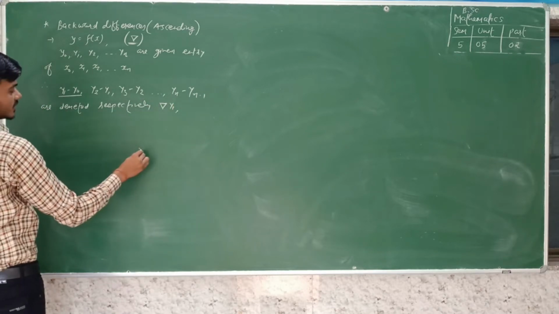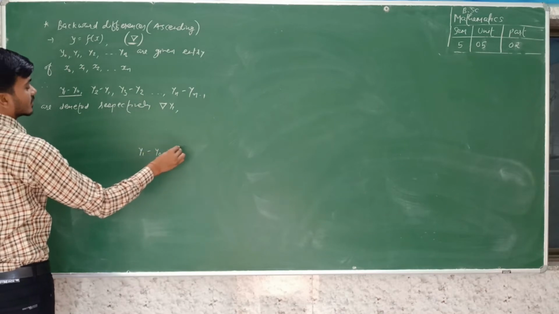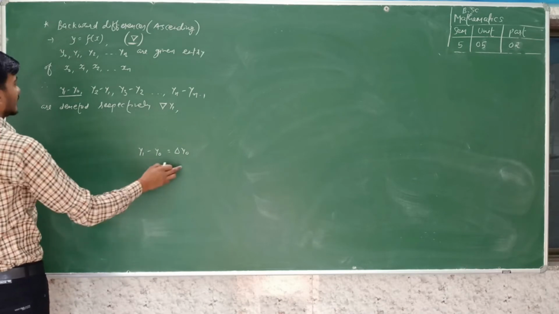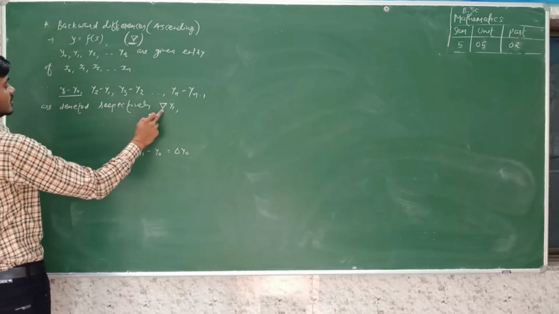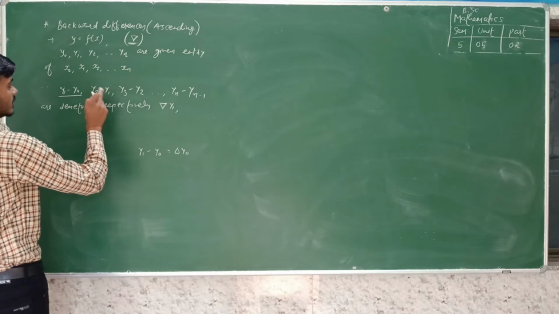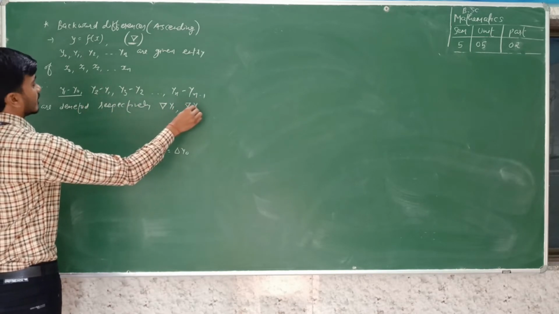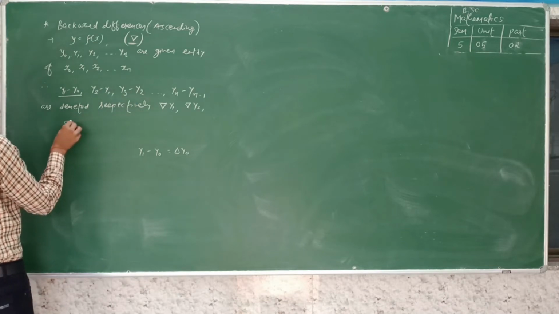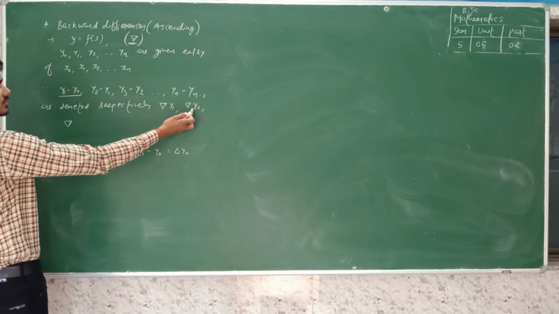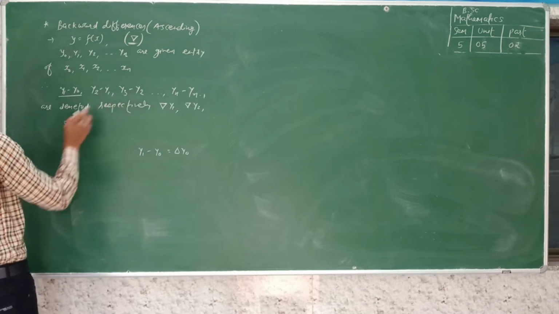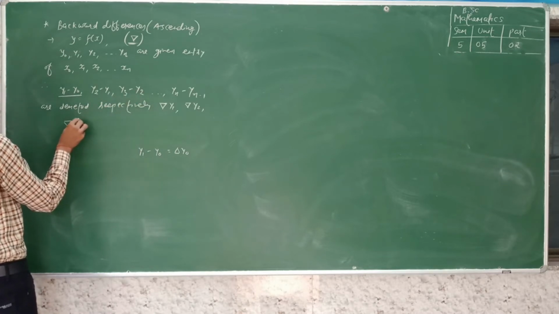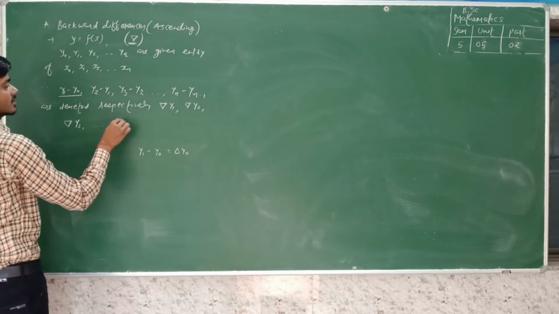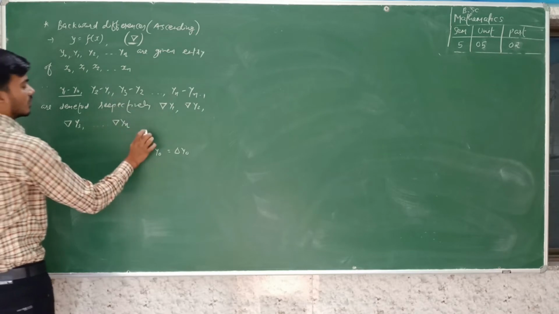In the forward differences, y1 minus y0 means delta y0. The subtraction gives forward differences. Here y1 minus y0 means nabla y1, y2 minus y1 means nabla y2, y3 minus y2 means nabla y3, up to yn minus yn minus 1, that means nabla yn. This is the first backward differences.